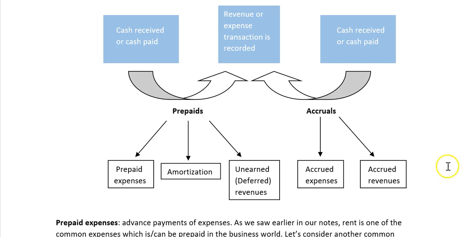Moving on to accruals over here, we have accrued expenses, which is where you've used something in a certain month or period, but you haven't dealt with the cash flow yet. So an example might be an employee working for you. You owe them money for work done, but you recognize that portion of that employee paycheck in the current month before you close the month off or you close the quarter off.